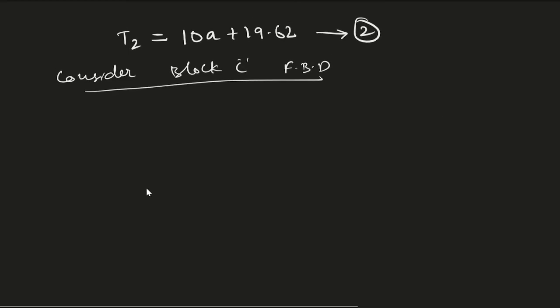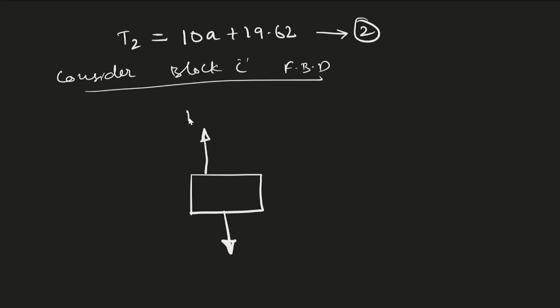The weight of the body will be acting downward. So here we'll have the tension T1 from block A and T2 from block B. The mass is 20 kg, so the weight will be 20 into 9.81 Newton.